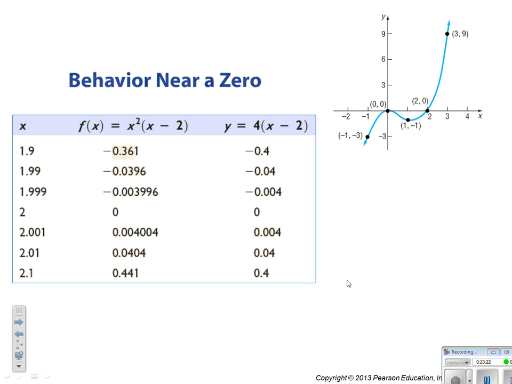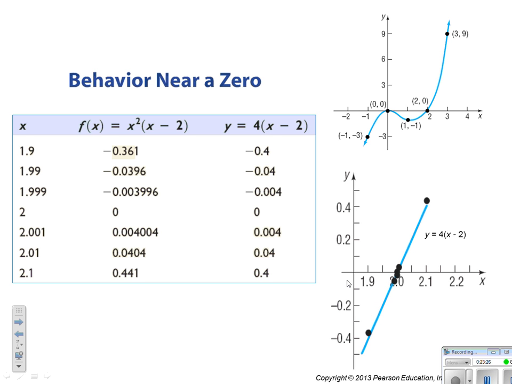So how we act near 0. They're trying to point out that because x minus 2, and I'm ignoring the x squared right now, is kind of like a linear function, it's going to look a little bit linear at that point, right by 0.